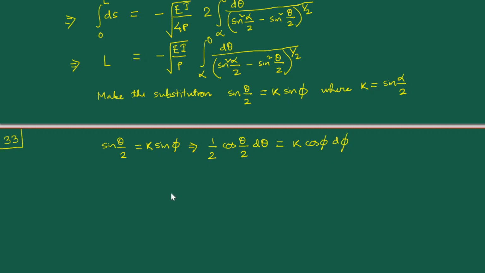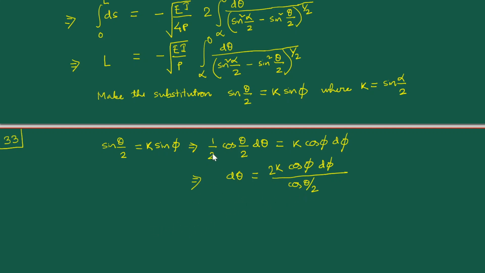So again skipping a step here, but I'm sure you understand what just went on here. Now that we have this, I wish to make a substitution for this d theta also. So this 2 goes here, and cos theta by 2 comes here.